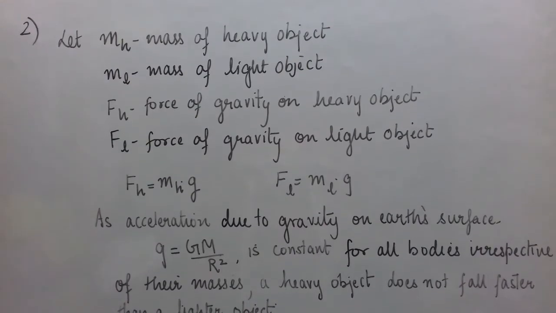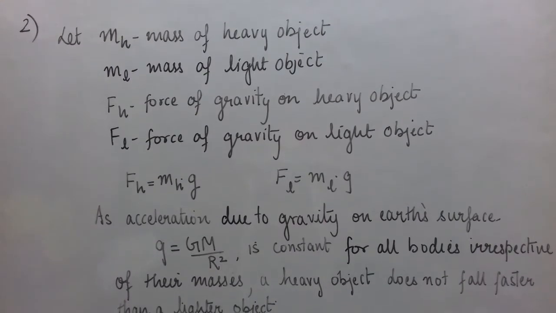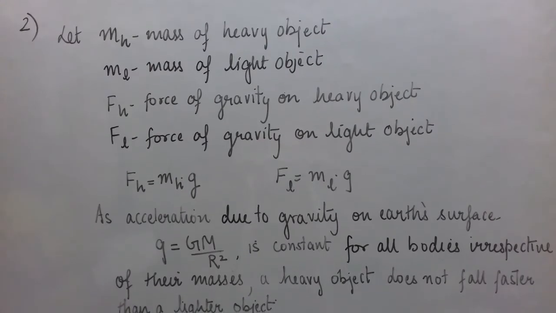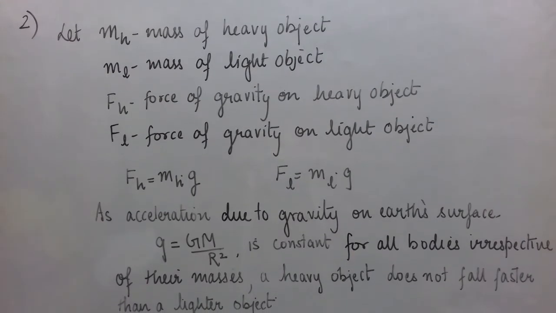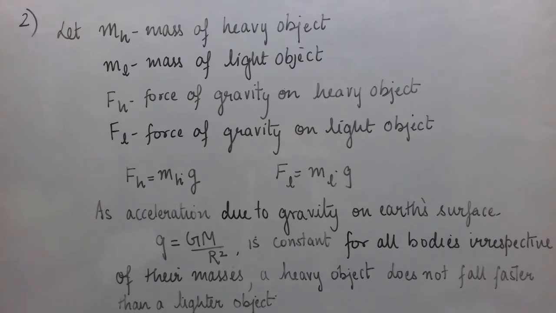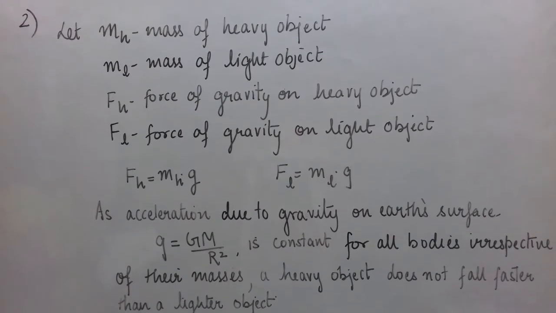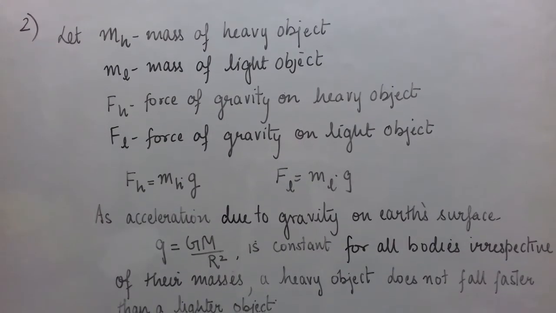It means a stone or a rubber ball of the same size will fall from the same height. If we drop them or throw them with the same velocity, they are going to reach the earth at the same time. They are going to travel the same distance in the same time.